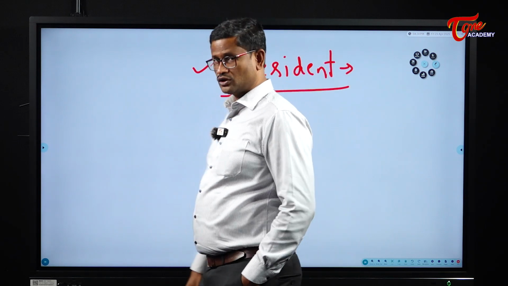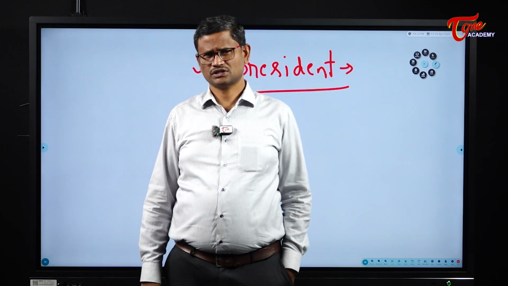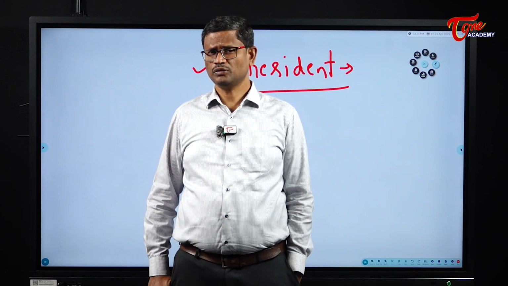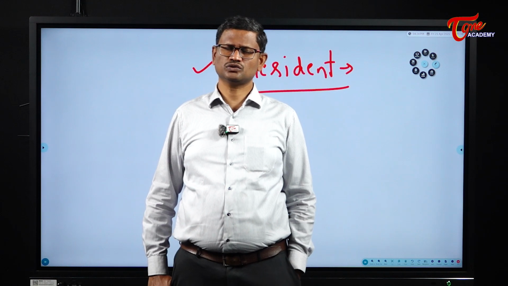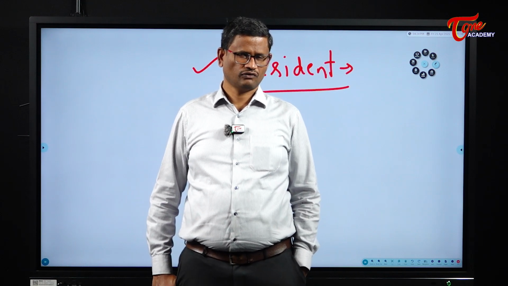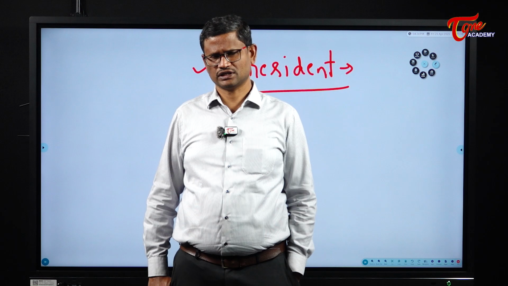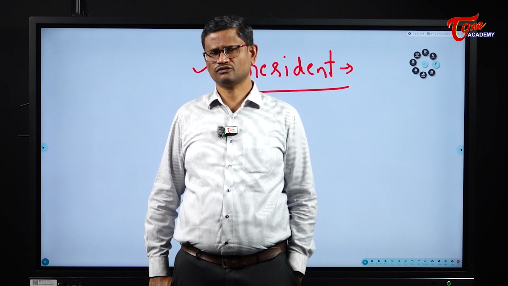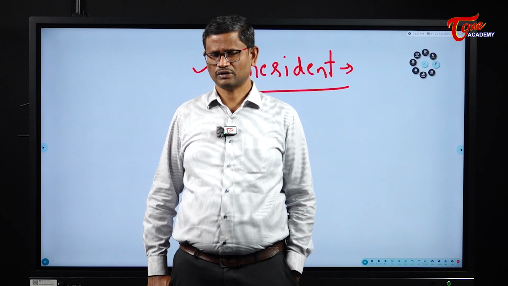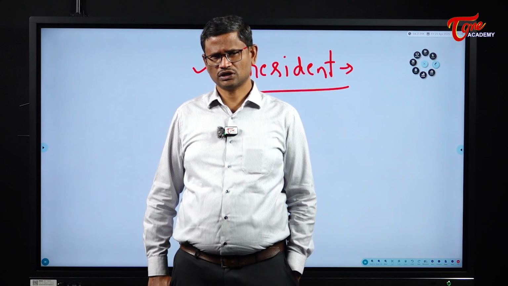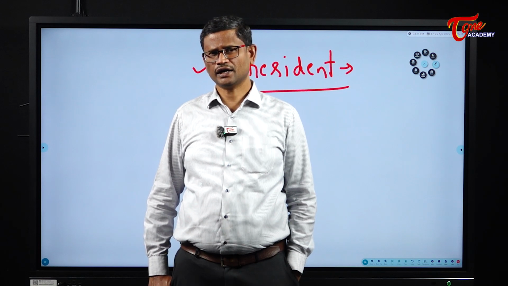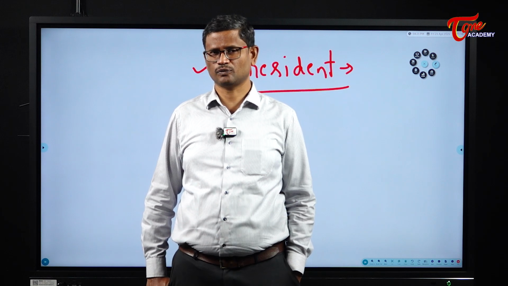As I said just now, the president of India represents the Indian nation state, and he is the nominal executive. So in the Constituent Assembly, when the election of the president was discussed, initially there was a demand to have a direct election for the office of the president. But later on, in the Constituent Assembly, Dr. B.R. Ambedkar argued that an indirect election of the Indian president will be in tune with the parliamentary democracy.